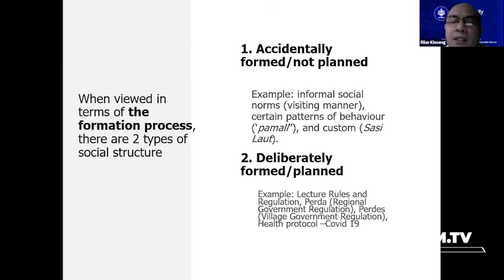For example, here in society there is what we call pamali, a kind of prohibition to do something. Usually this comes up through a long process of social interaction.